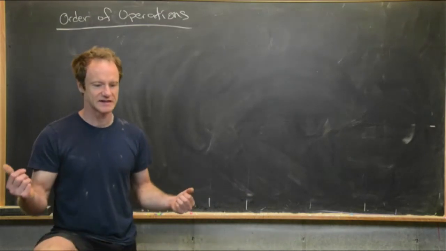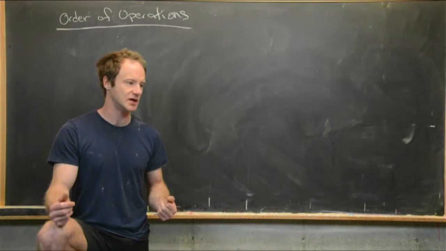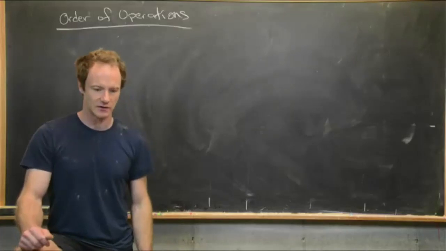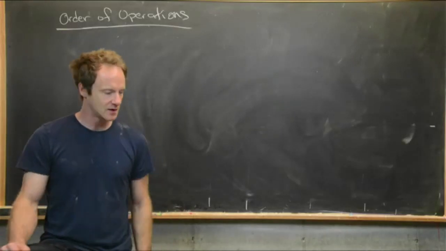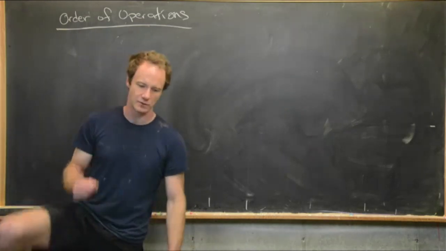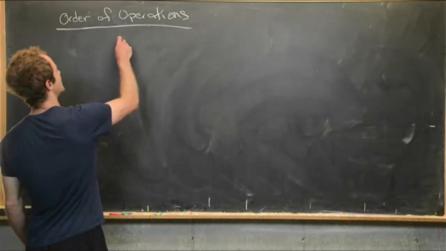There's nothing really special about it. We've just decided that we're going to do it in this order, and that's so that we all get the same number in the end, right? If we had different choices of which order we did the operations in, we would get different numbers and it wouldn't be good. So the order that we've chosen is that we do parentheses first.